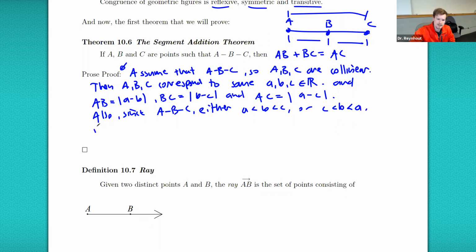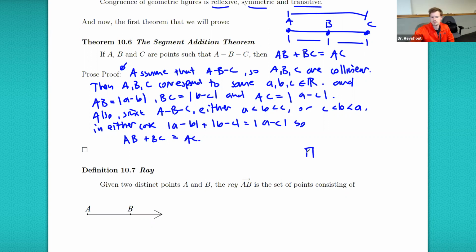And in either case, we would have that the absolute value of a minus b plus the absolute value of b minus c is equal to the absolute value of a minus c, which tells us that the distance from A to B plus the distance from B to C is exactly the distance from A to C, which is what we wanted to show.